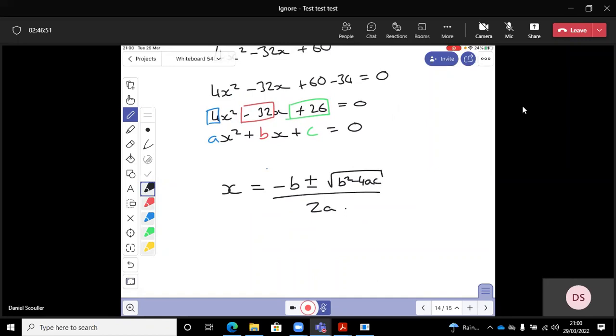Okay. Now A is equal to positive 4, B is equal, and be very careful here, it's equal to negative 32, and C is equal to positive 26.